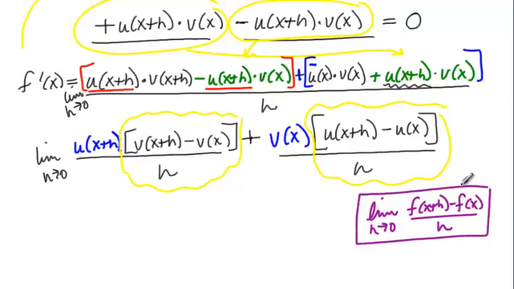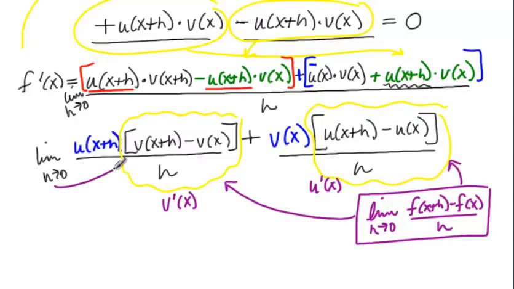If you look at what we've got here and what we've got here, they both look a lot like the limit definition of derivative. Just instead of f, you have v, and instead of f, you have u. So this is equal to v prime of x, and this is equal to u prime of x if we apply this limit separately.